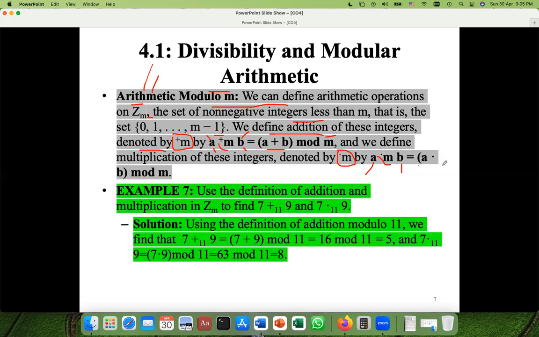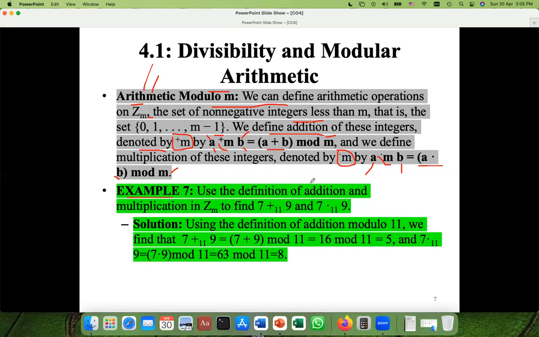You can understand it by looking at the right hand side. First you have to multiply a and b together, simply as you normally multiply in mathematics. Whatever result you have, you have to divide it by m and focus on the remainder. That will be your multiplication result. For example, we have the example 7 here.